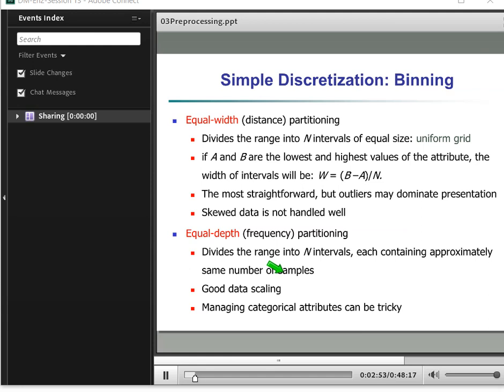After that, I will put the new assignment on the LMS. The new assignment is related to pre-processing, and I will ask you to do some pre-processing steps using Weka on the adult dataset.